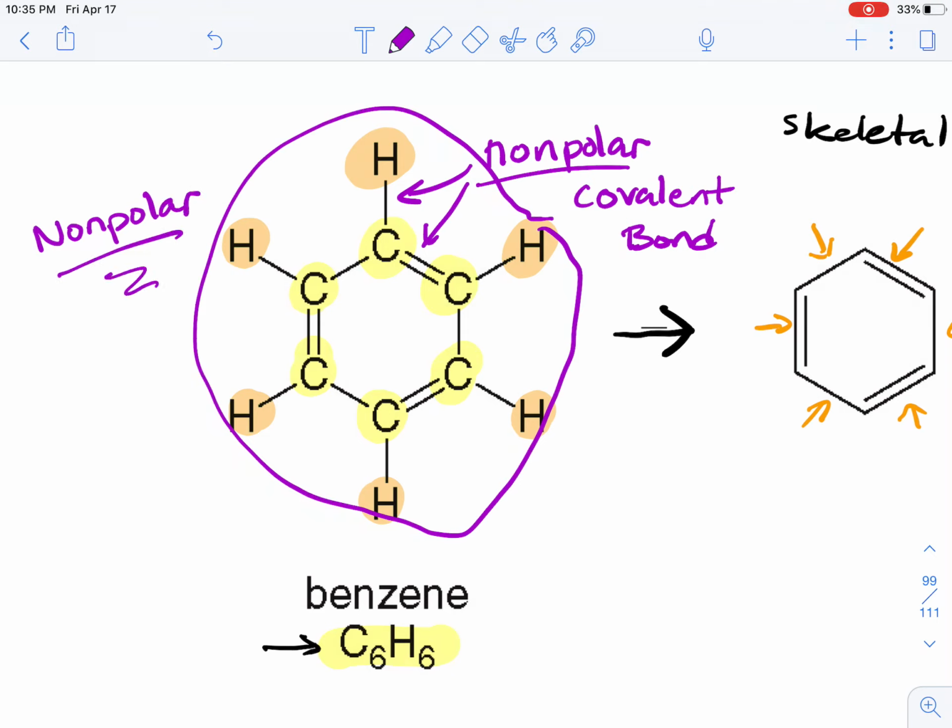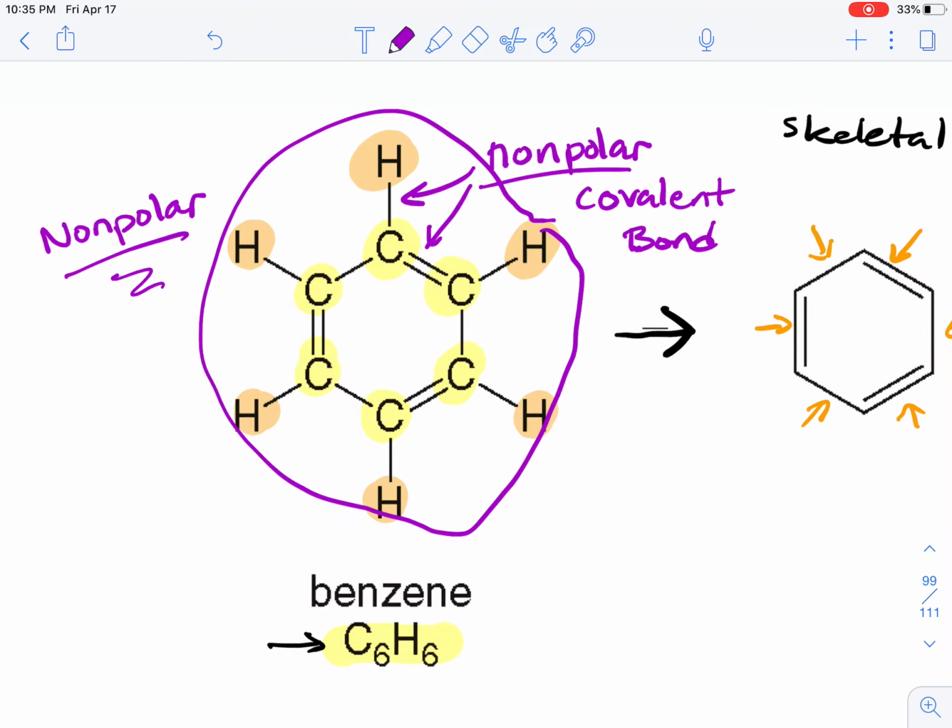So overall, the molecule is non-polar, meaning that if you were to mix it with water, you should see a separation between the two. So you'll have a top layer that's going to be benzene, and then you'll have a bottom layer that's going to be water. So you form a heterogeneous solution.